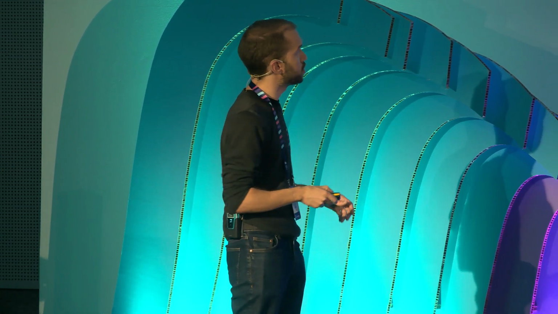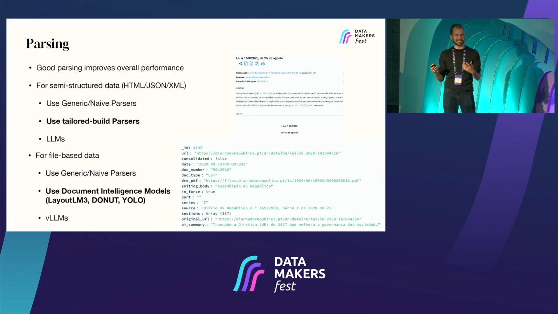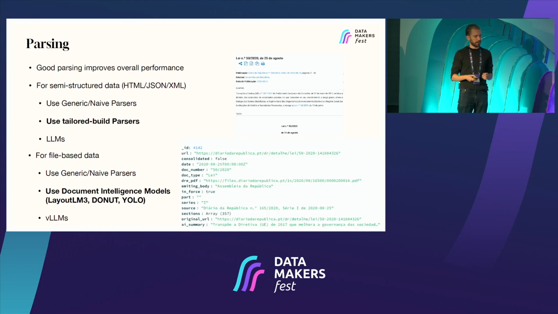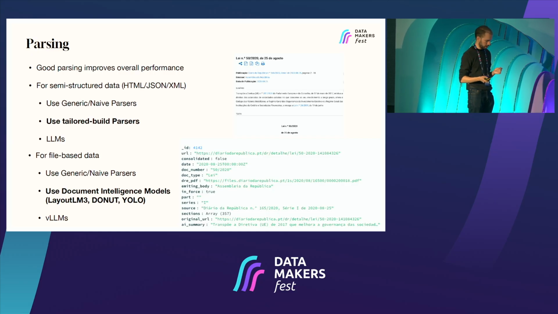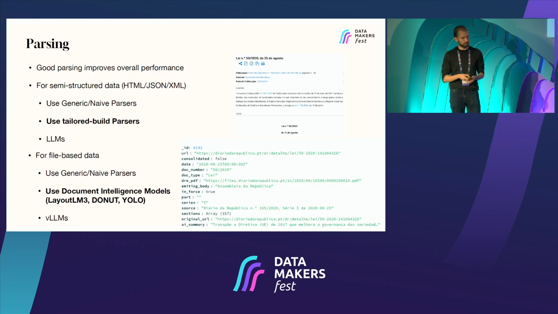Now, of course, as I said, each source has its own challenges, but good parsing, so clean data, improves the overall performance of our search engine. And we actually tried and experimented with several of these strategies.